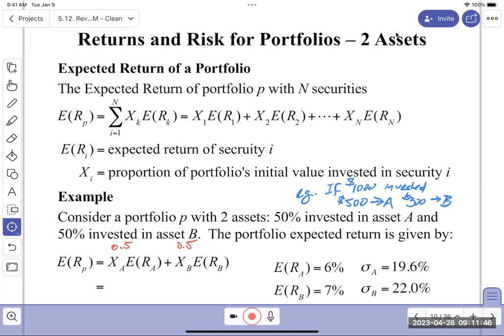So then we're going to basically take the average of 6 and 7. It's a weighted average, but it's essentially an average because the weights are the same. So it's 6.5.